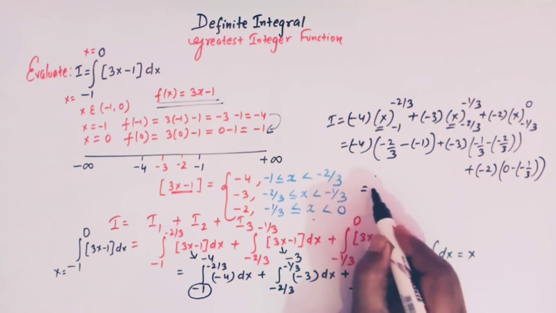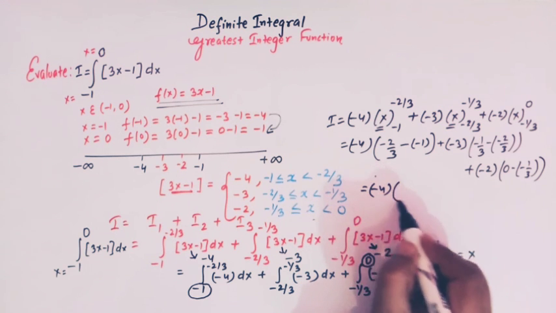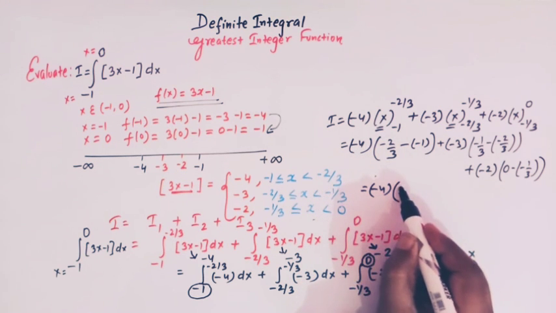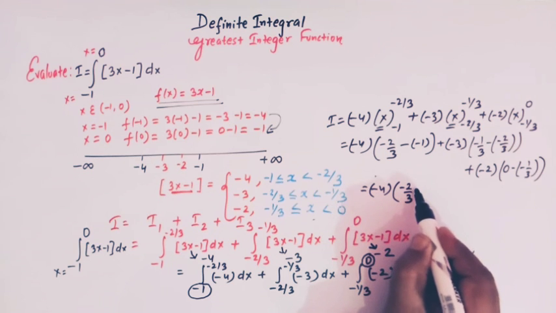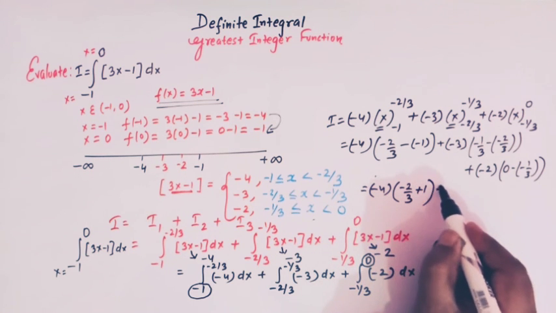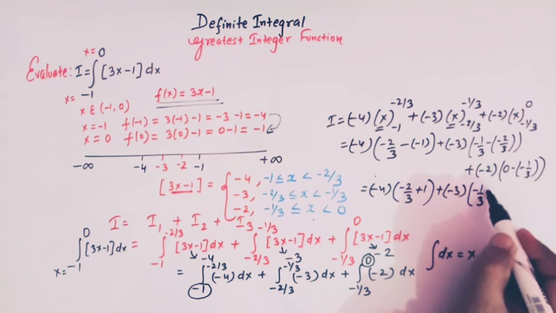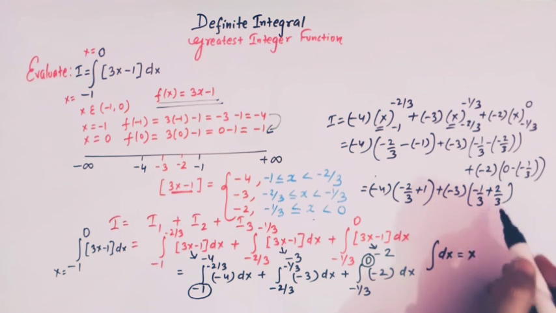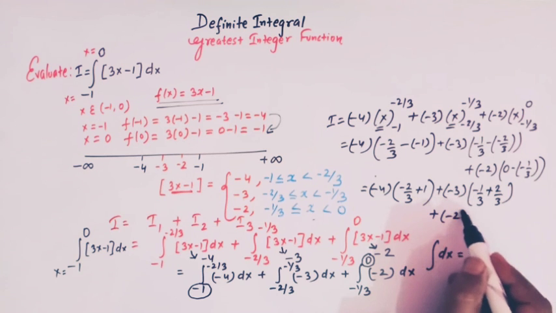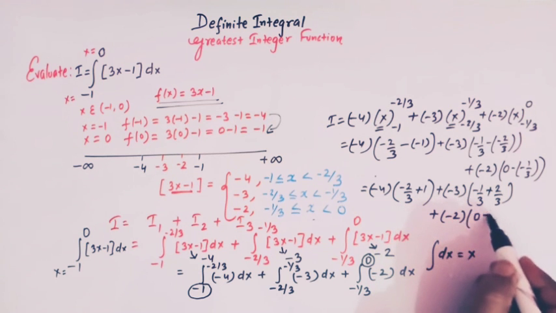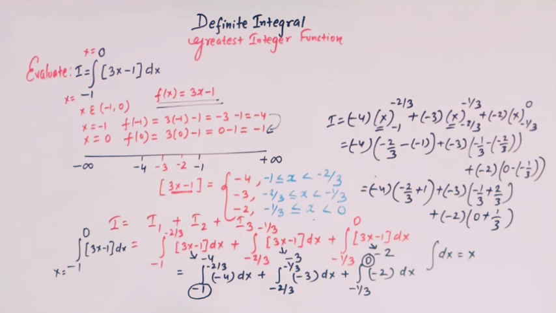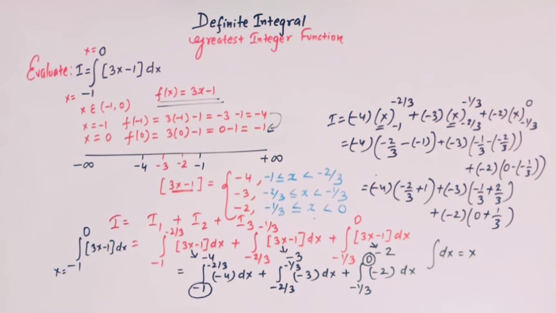And now we have minus 4, this is minus plus, so we have minus 2 over 3 plus 1, and here we have minus 3, then we have minus 1 over 3 plus 2 over 3, and here we have minus 2, and we have 0 plus 1 over 3, right?